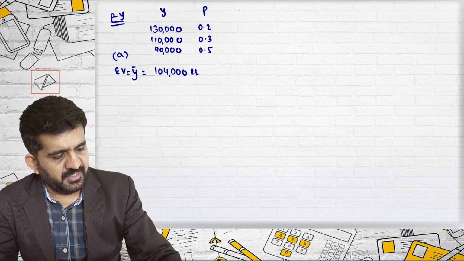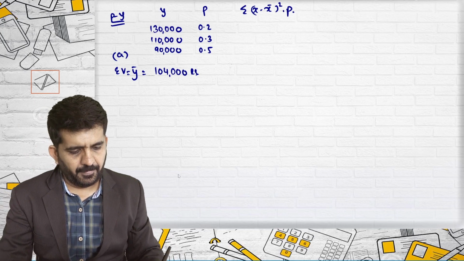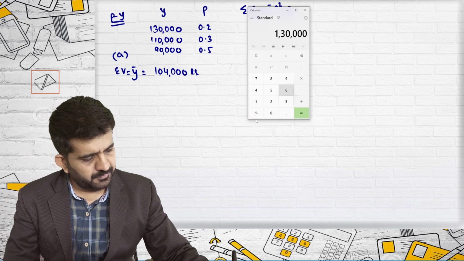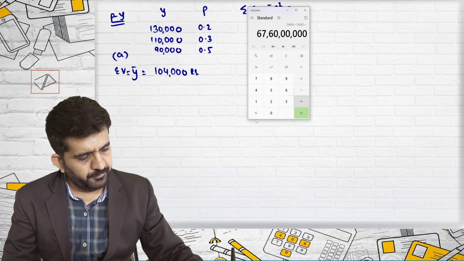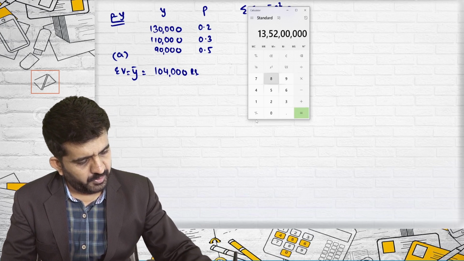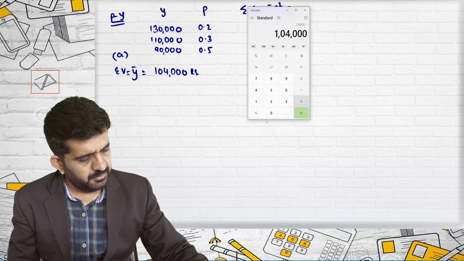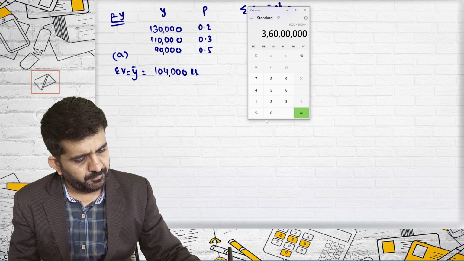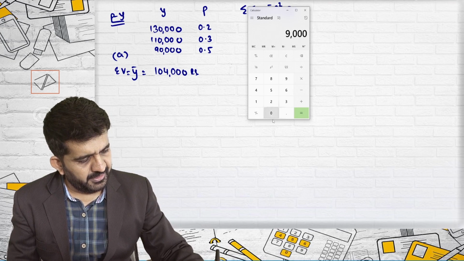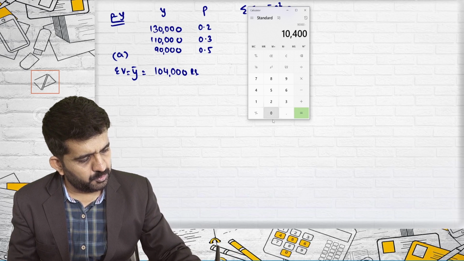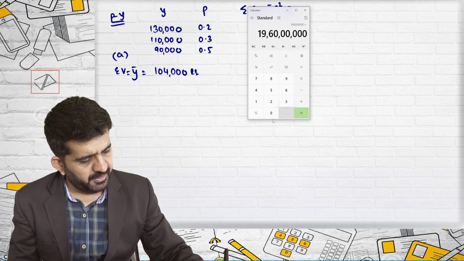I will find out variance by sigma x minus x bar whole square into P. So it will be 1,30,000 minus 1,04,000, squared, multiplied by 0.2, plus 1,10,000 minus 1,04,000, squared, multiplied by 0.3, plus 90,000 minus 1,04,000, squared, multiplied by 0.5.